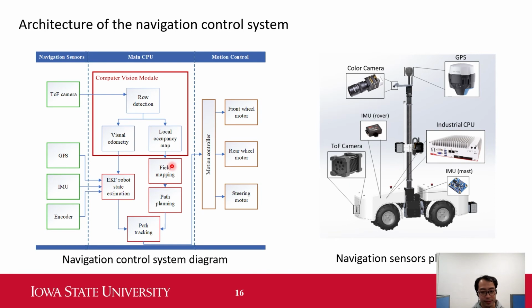Then with a field map, a path is planned and then tracked to accomplish a certain task, such as traversing the crop rows. During tracking, the computer computes how to drive the robot to reduce the tracking error, then calculates the command for individual motors based on the kinematic model of the robot, and then sends the commands to the motion controllers, which is another hardware.